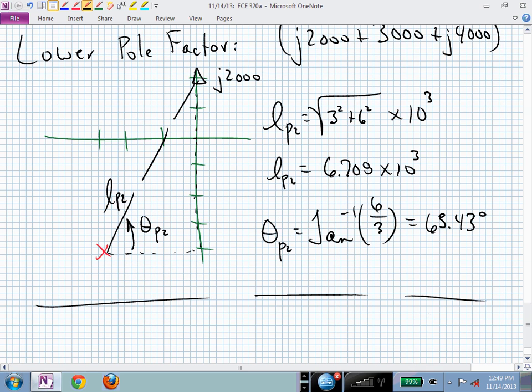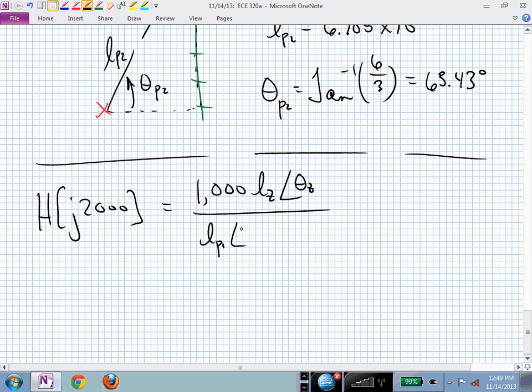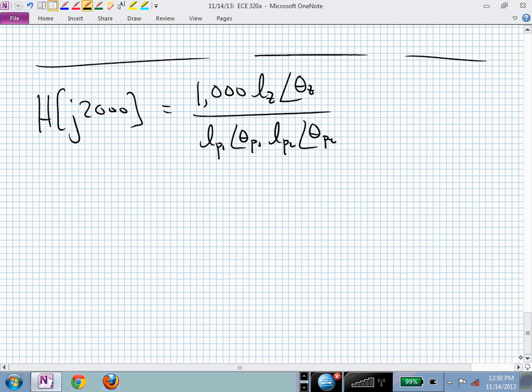We now have all the pieces that we can use to build up the value of our transfer function at this frequency of 2,000. We now have 1,000. We have to keep track of the scaling amount that was not included in any of our pole zero factors. LZ at an angle of theta z over LP1 at theta P1, LP2 at theta P2, or this is now some magnitude at some angle.